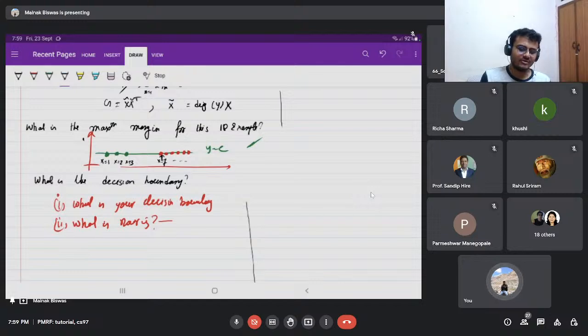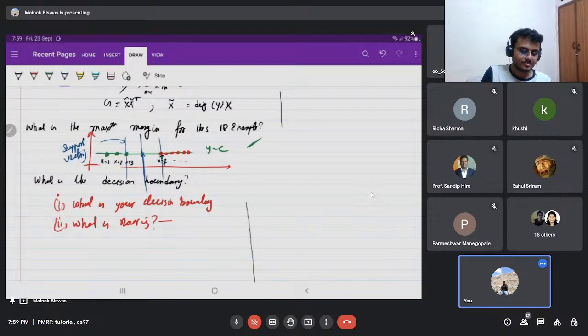Oh, actually 5, not 5.5. 3 plus 7 by 2 is 5. I think you got it correct. It was just me who did the miscalculation. So you just take the midpoint and set a line like this, right? This is what an SVM will do, and treat these as the support vectors. So this is your margin.